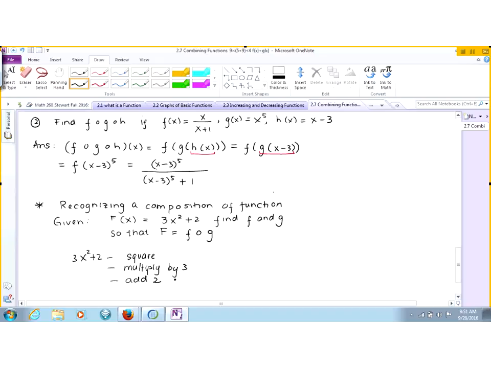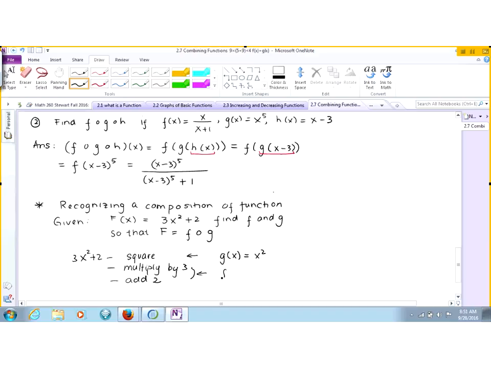Now, if you have to decompose it into 2 different functions, then we could either combine this with this, and then at last we square. Okay. So which one do we do first? We square first. So this is your g. So g of x would be x squared, because that's the function in which you square.